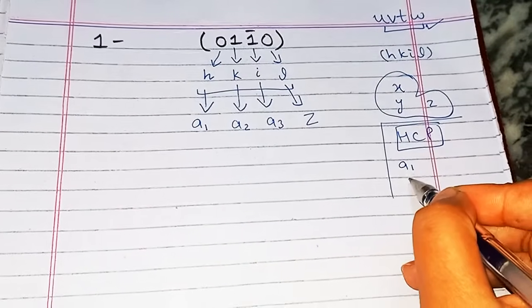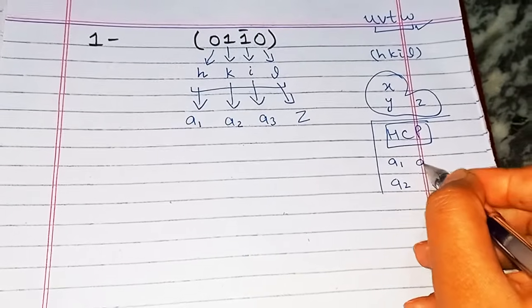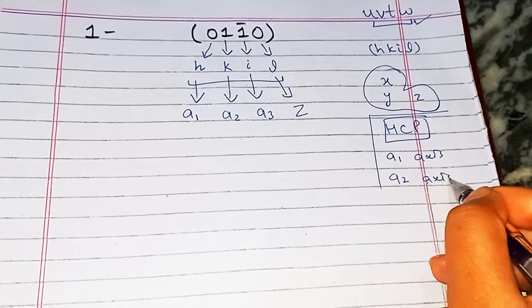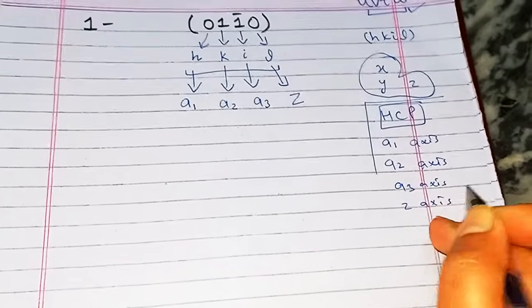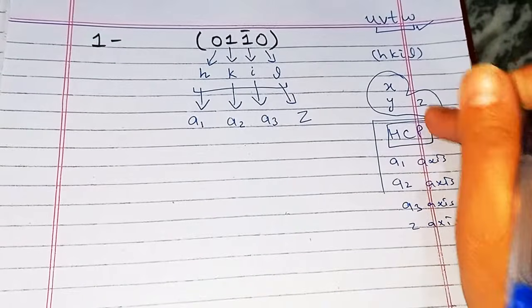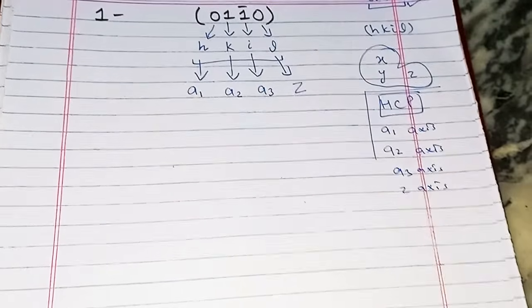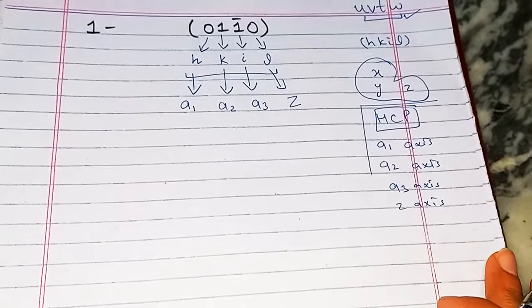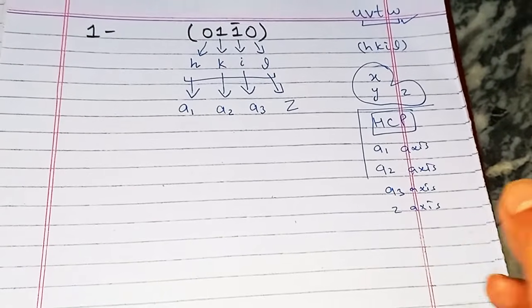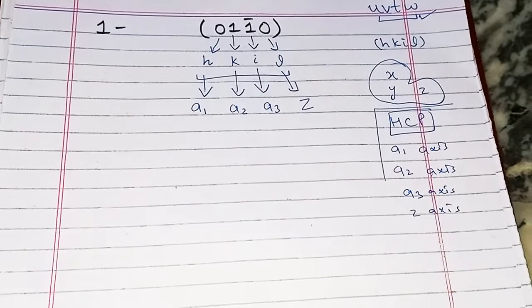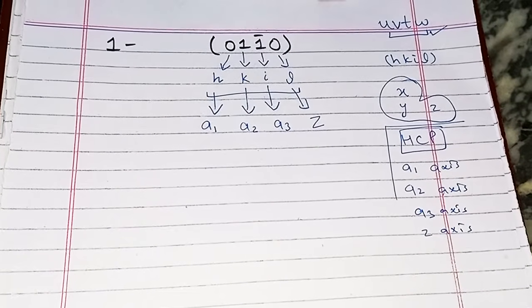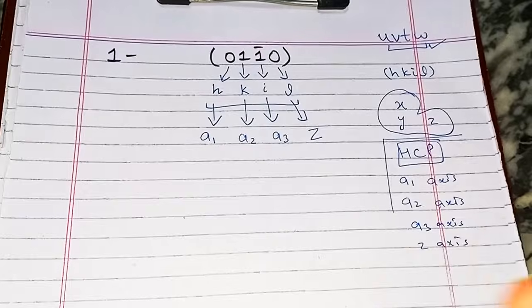The first is the A1 axis, the second is the A2 axis, the third is the A3 axis, and the fourth is the Z-axis. The Z-axis is actually the same as the one in Cartesian. We'll see that shape. It's not difficult, it's just a little bit different because the names are different. It's a really easy method. I'll show it to you in such an easy way that you can do it at your fingertips.